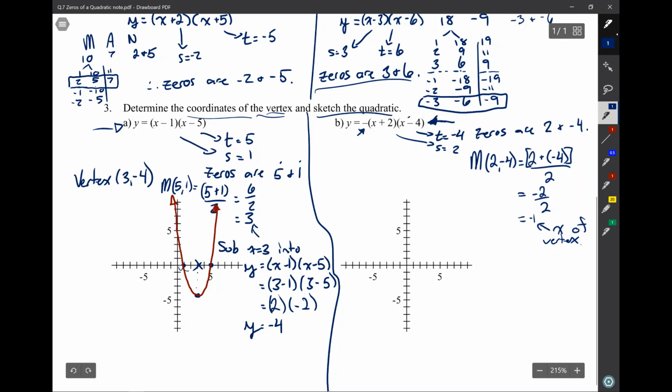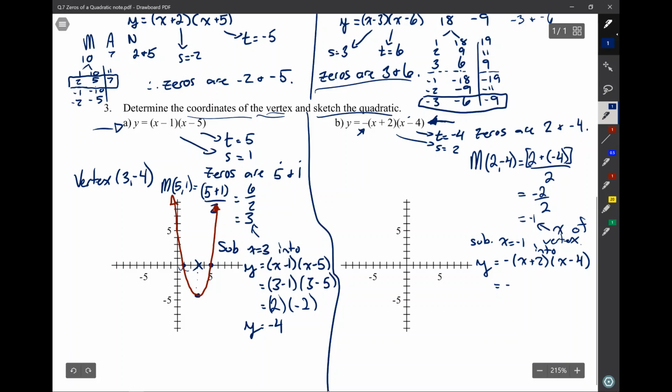Now let's try finding the y-coordinate by substituting x equals negative 1 into y equals negative (x + 2)(x - 4).